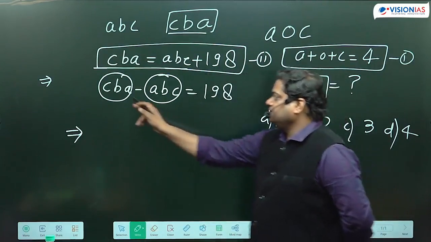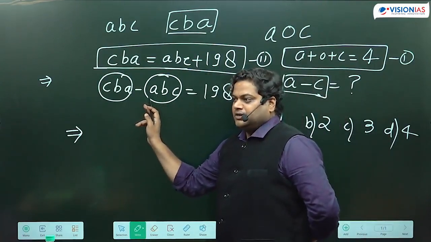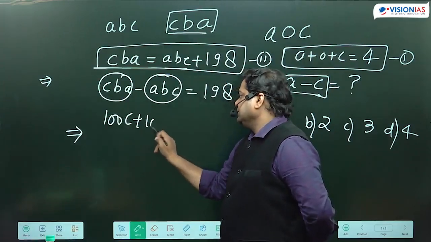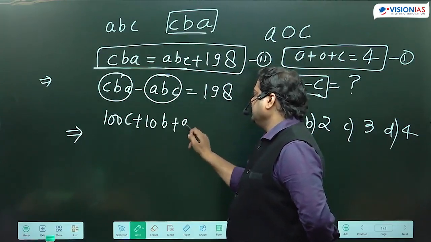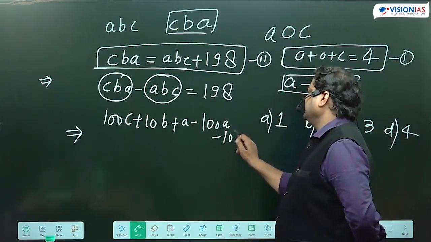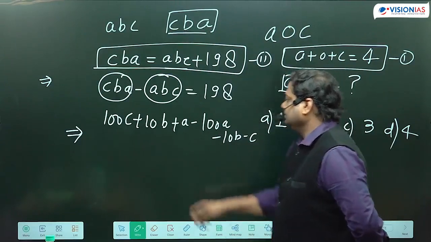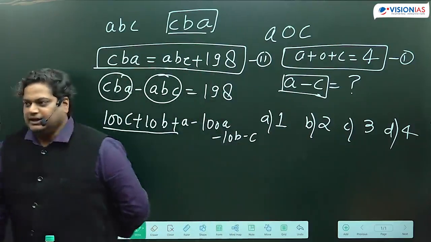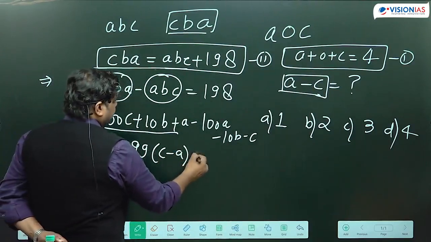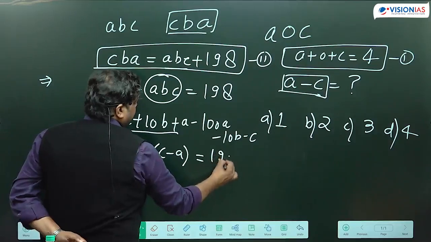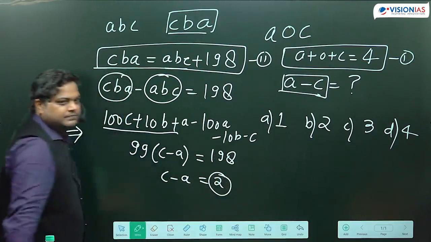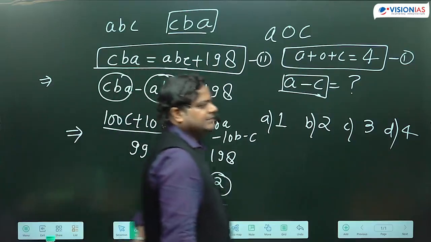If we take the difference of these two numbers in terms of place values, what we are going to get? 100C plus 10B plus A minus 100A minus 10B minus C. What we are going to get? 99C minus 99A, and that is equal to 198. So C minus A is equal to 2.